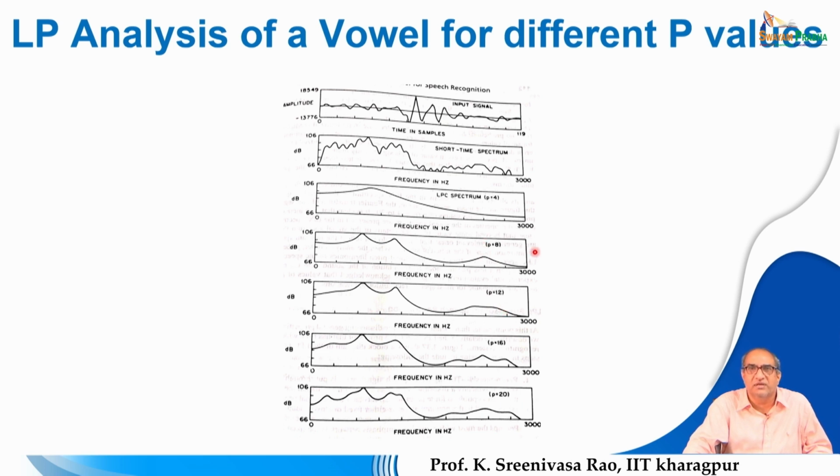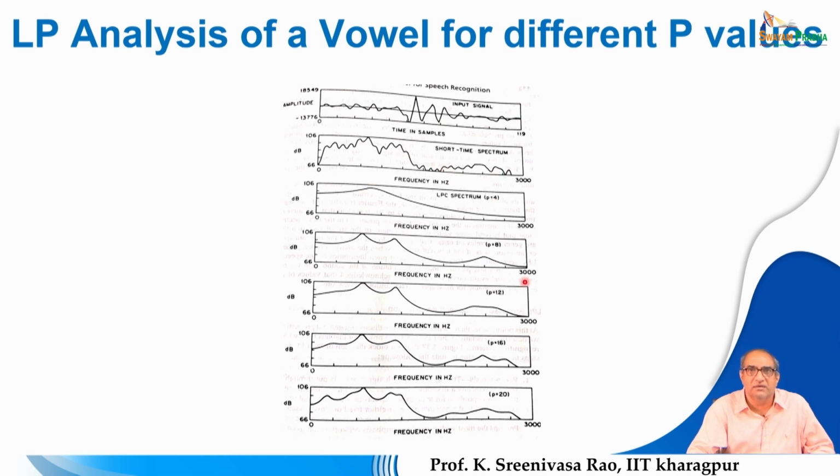Usually order 8 or 10 is more reasonable, because order 8 means you can get a minimum of 3 formant frequencies, and order 10 means you can get 4 or 5, depending upon the presence of complex conjugate poles. So 8 to 12 is a reasonable order with which you can capture the vocal tract shape very accurately compared to the spectral envelope offered by the true spectrum.